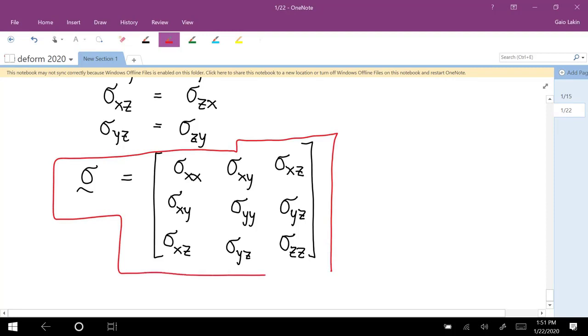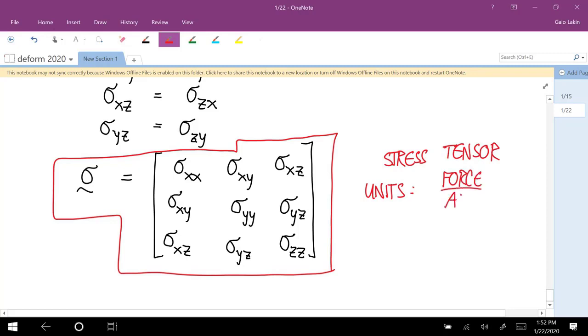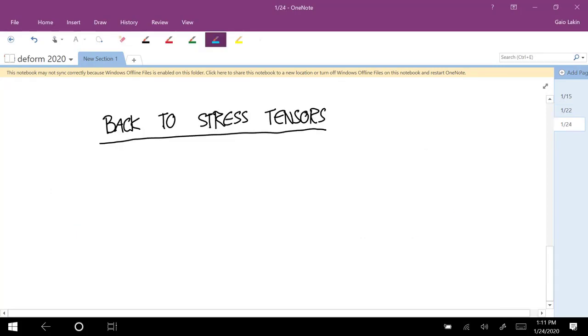And this thing is called the stress tensor. It has units of force per area. And so the SI units are newtons per meter squared, which is pascals. It's units of pressure.